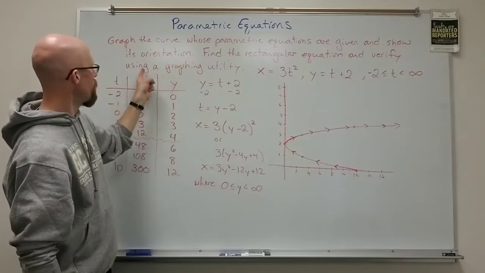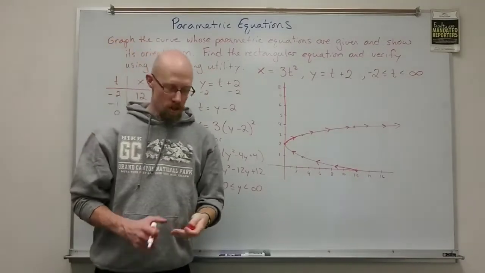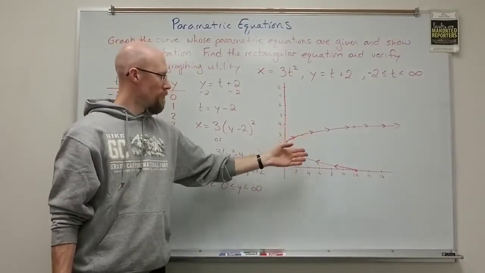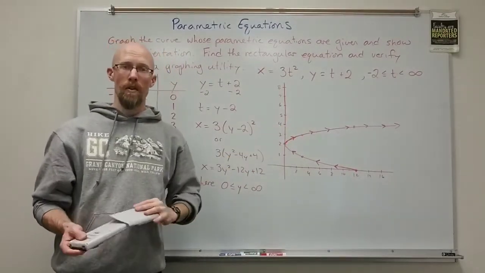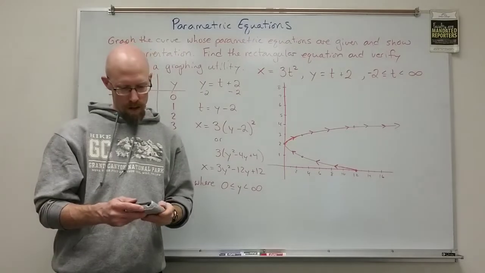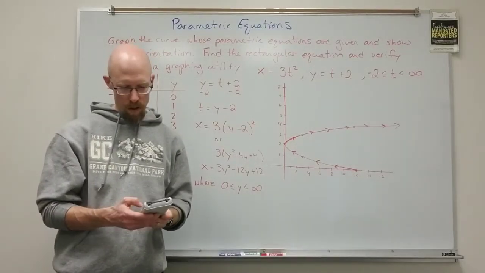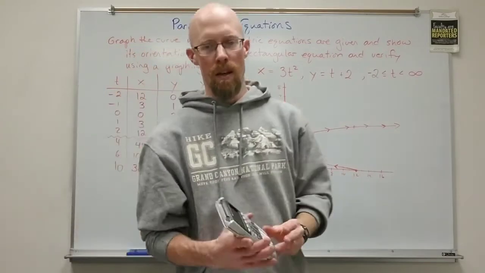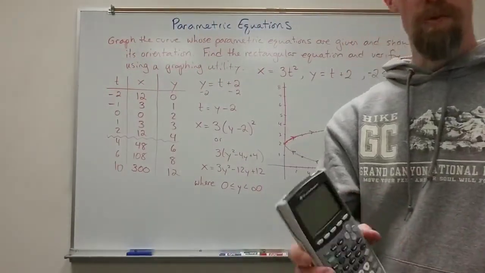Now, let's verify this using a graphing utility. So how can I do that? Well, first of all, this is not even a function. So if I go to my calculator and go to my normal y equals, I can't even put this in, right?